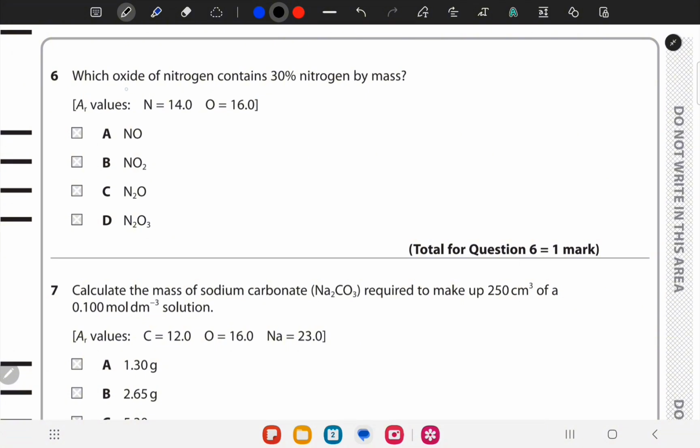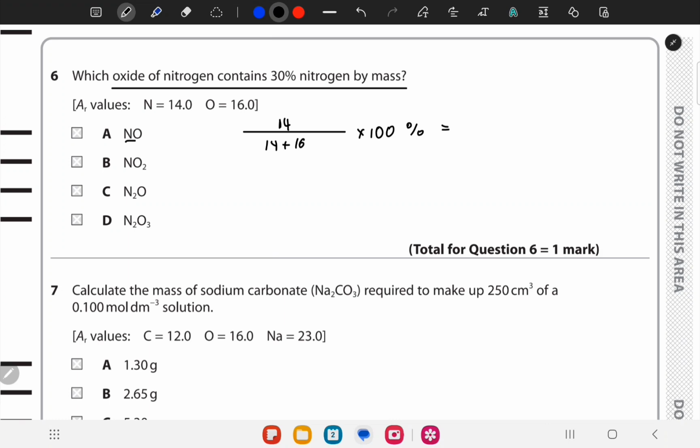Now for question 6, we have which oxide of nitrogen contains 30% nitrogen by mass. So in nitrogen oxide, NO, the mass of nitrogen over here is 14. The total mass is 14 plus 16. And this would be the percentage by mass of nitrogen over here.